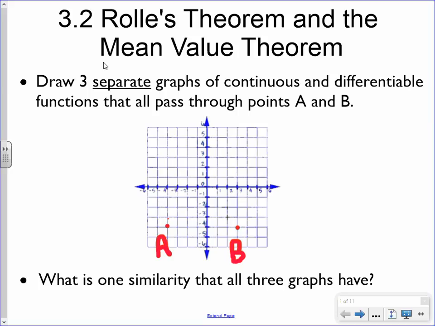All right, I'll give you about 30 seconds to draw 3 different graphs that go through those 2 points.